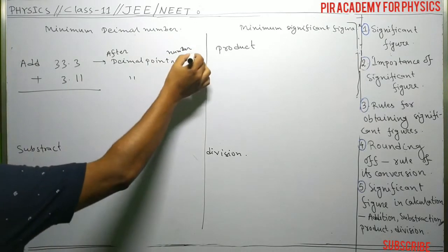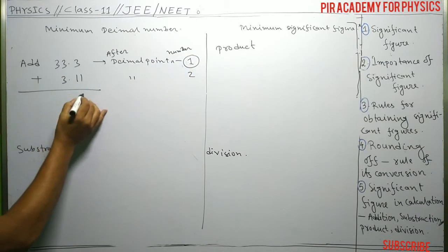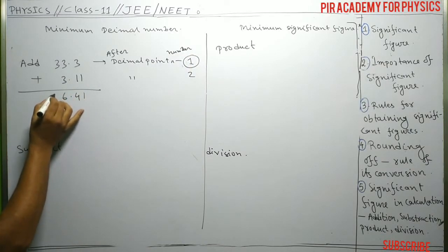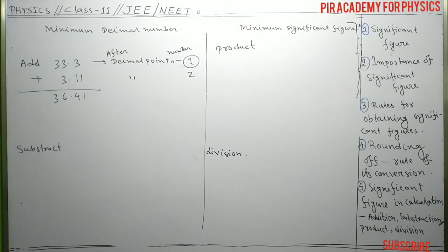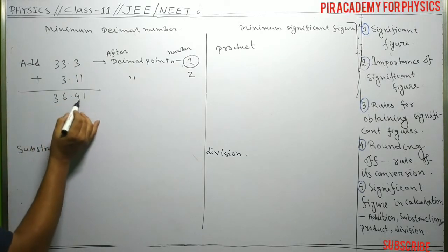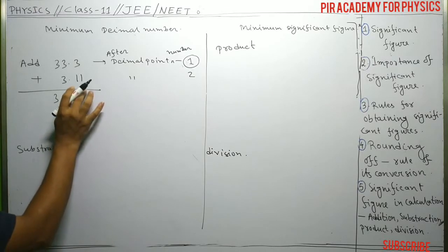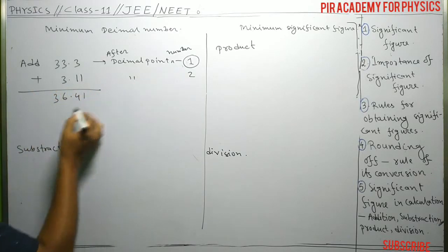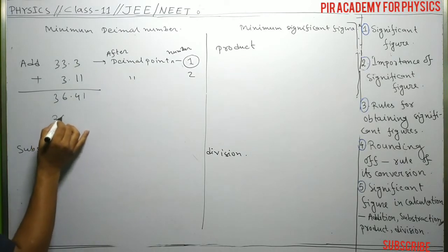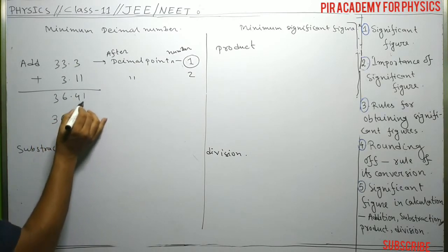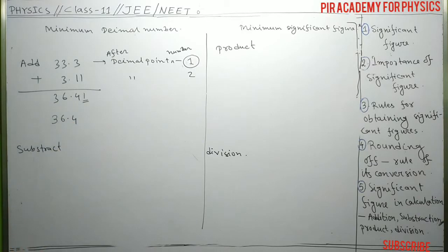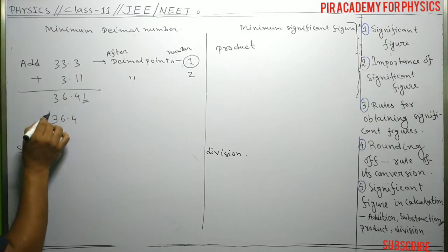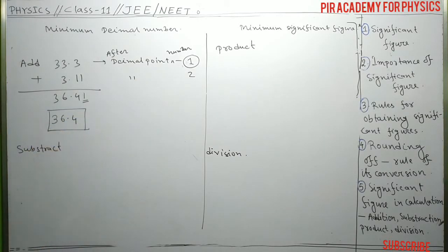That means the minimum is 1. If you add, this will be 36.41. You have to retain the minimum decimal, so you have to write the minimum decimal places. That means it will be 36.4, because the omitted digit is less than 5. That's why the answer will be 36.4.